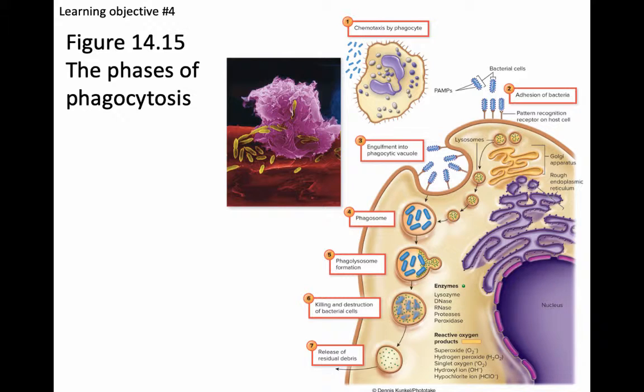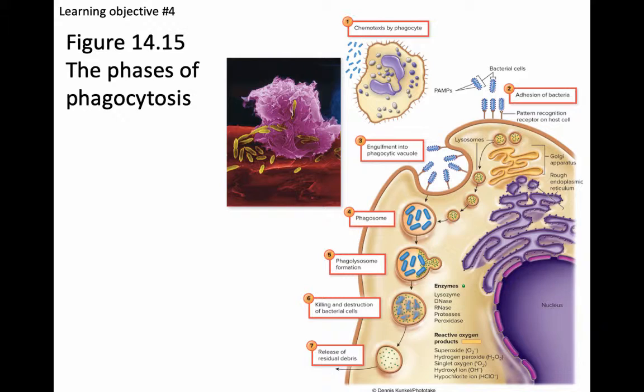Once the microbe is bound to the surface of the phagocyte through this interaction, in step 3, the microbe is engulfed into a vacuole, so it's now in the interior of the phagocyte. In step 4, the microbe is contained within this vacuole, and that structure is called a phagosome.